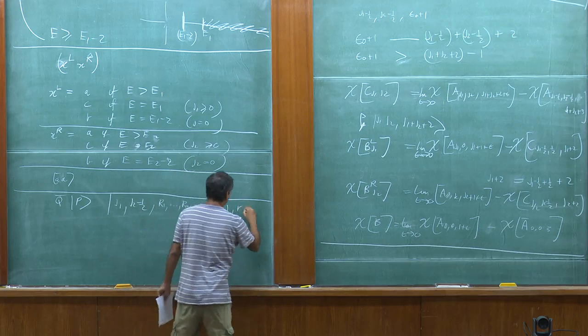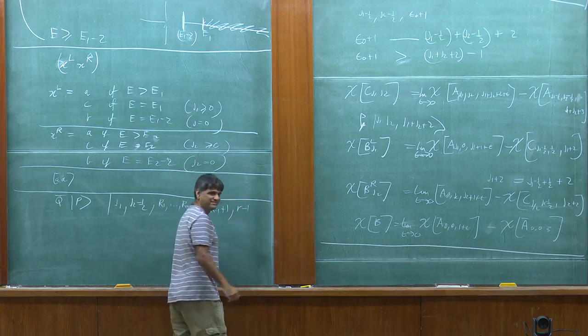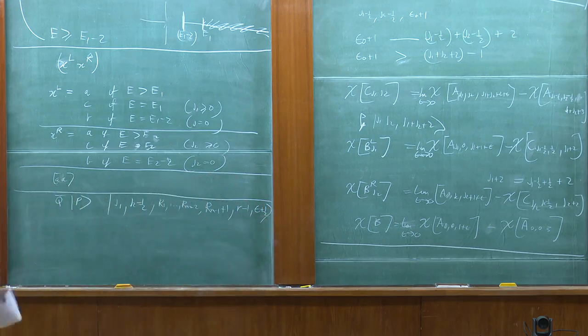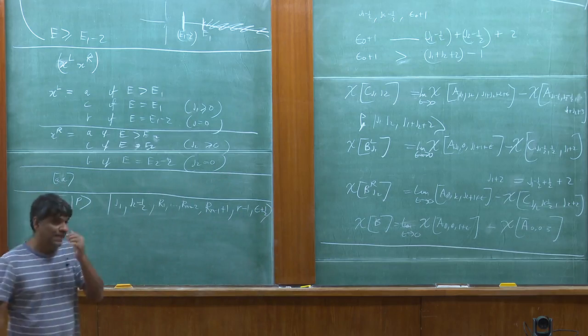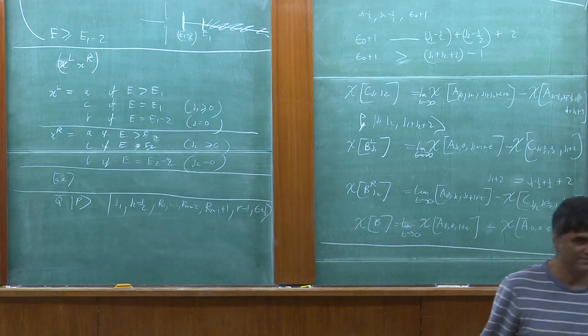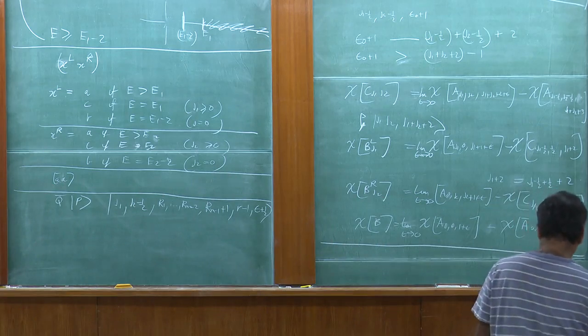Little r goes down by 1, and epsilon goes up by half. These are the quantum numbers of the state that you get by acting with Q bar on the primary. And correspondingly there's a formula for E2.